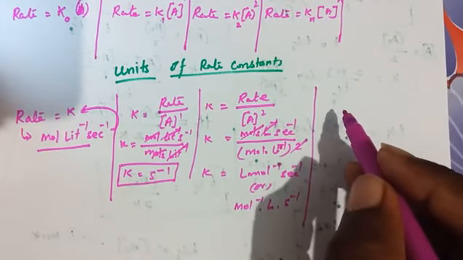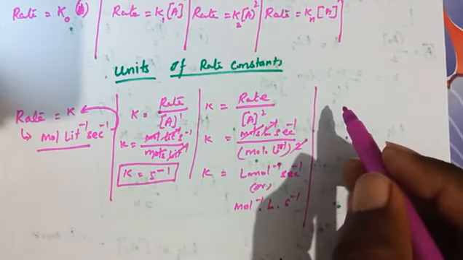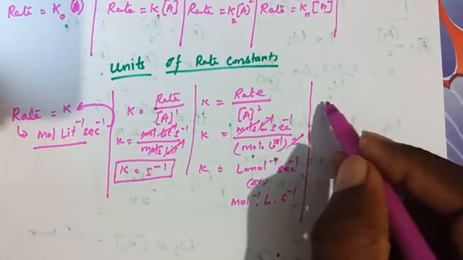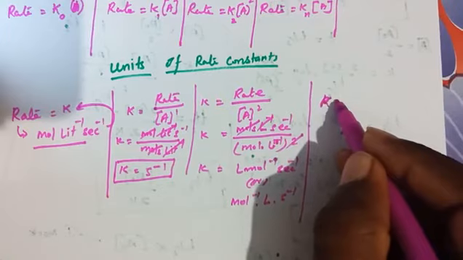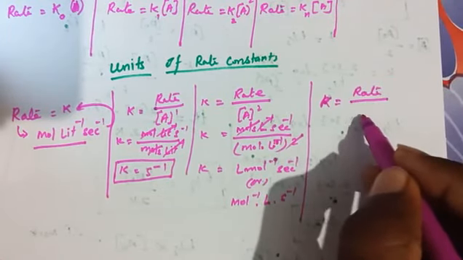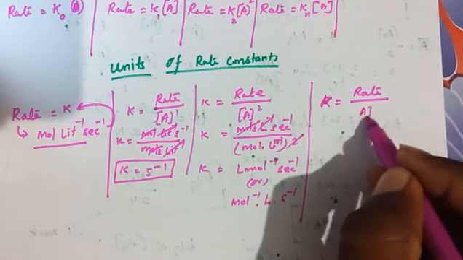In the same way we can write the unit determination for nth order also. For nth order, rate constant K is equal to rate divided by concentration A to the power of n.